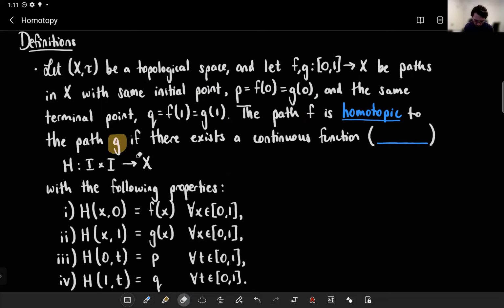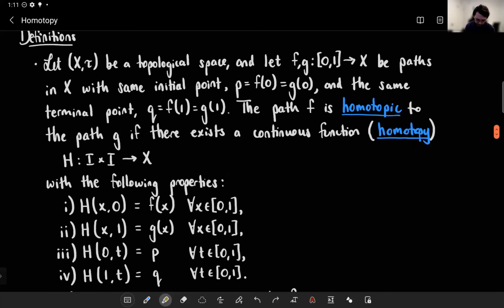If there is a continuous function, which is the deformation from one to the other, and instead of calling it a deformation, the formal term is homotopy with a y. So two paths are homotopic if there's a homotopy between them. And that homotopy is the function h with 4 properties.